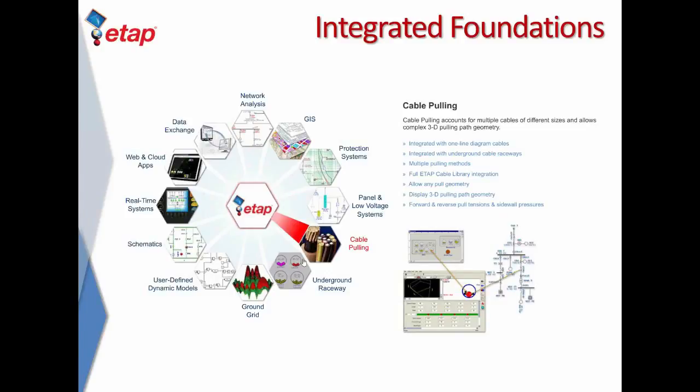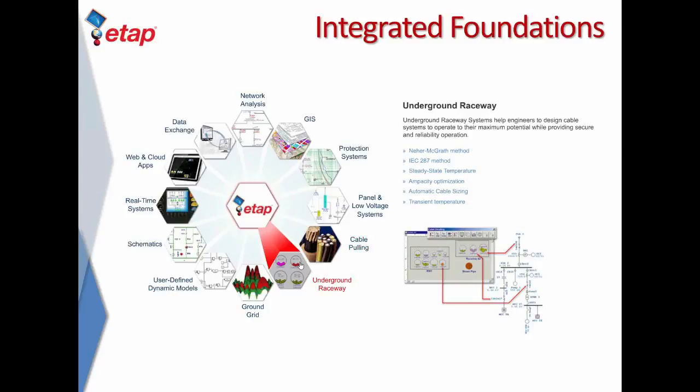The same conductor can be put into a different view, such as an underground raceway view, where you can solve for steady state or transient temperature calculation using methods such as Neher-McGrath or IEC 287 and understand the thermal or the temperatures inside an underground raceway system based on different ampacity levels or different amps.